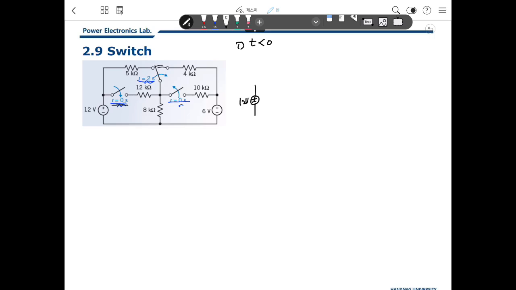And because this is initially open, so open, and 12 kiloohms, 8 kiloohms, 12 kiloohms, and initially this is a short.